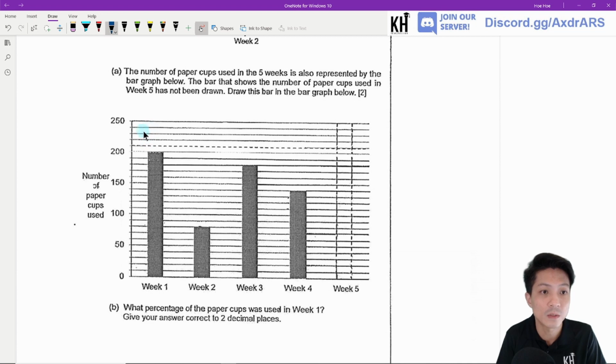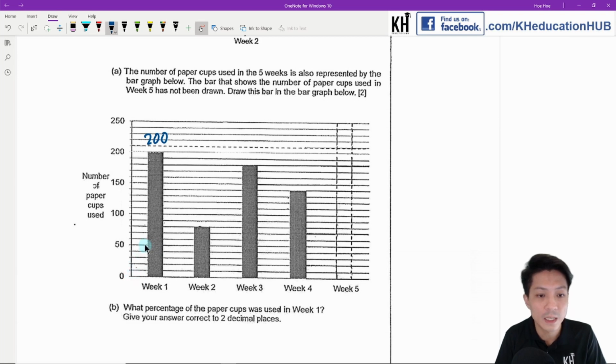Okay, let's write down the number first. So one gap should be 10. This will be 5, 6, 7, 8, 180.